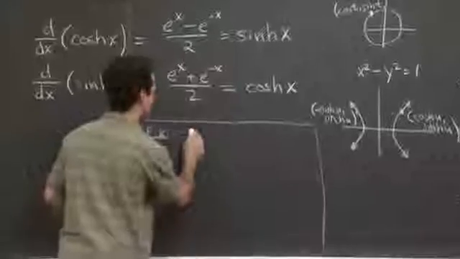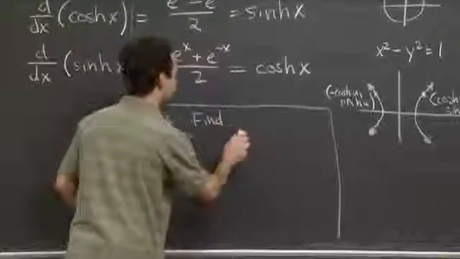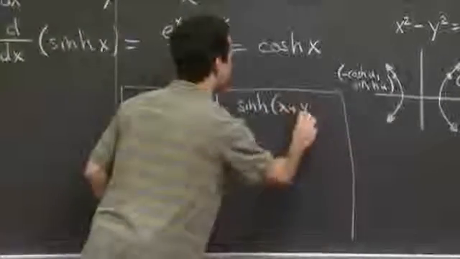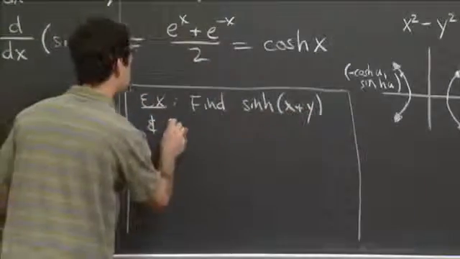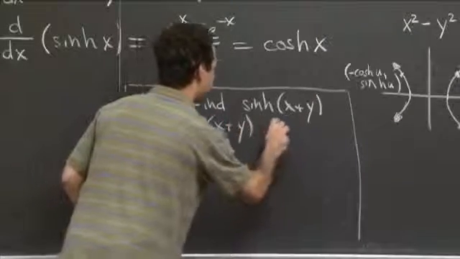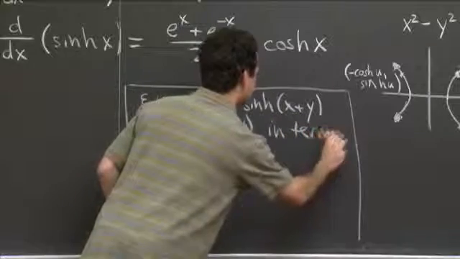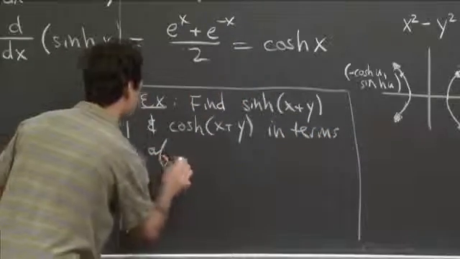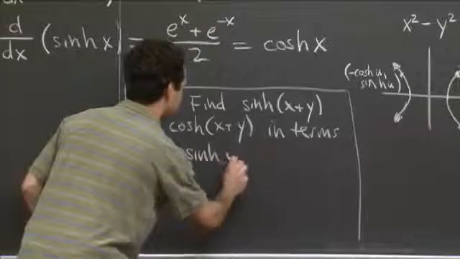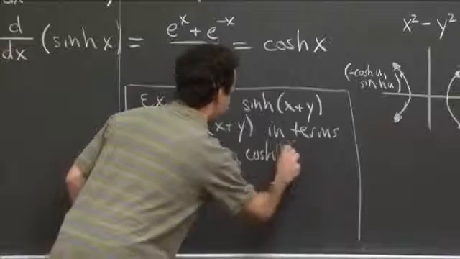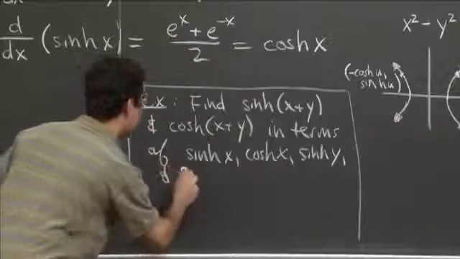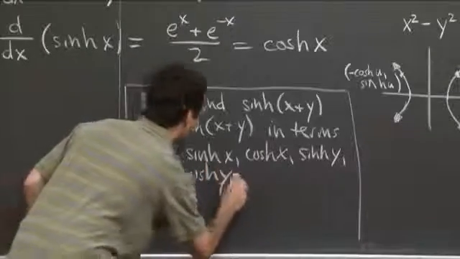Exercise: find sinh of (x plus y) and cosh of (x plus y) in terms of sinh x, cosh x, sinh y, and cosh y.